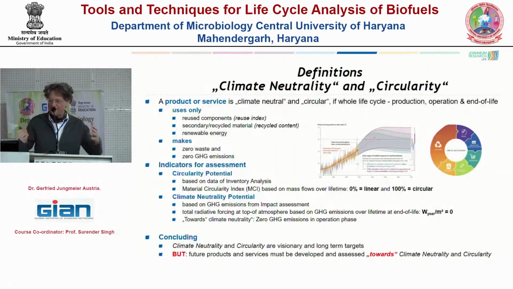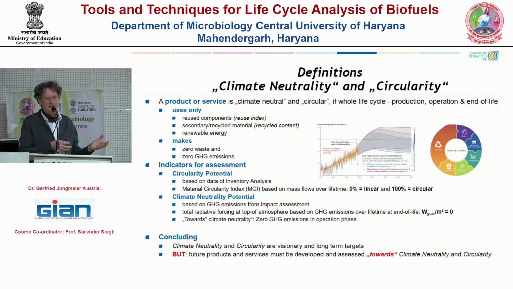Okay, having said that, we have developed a definition that can be applied to life cycle assessment to define climate neutrality and circularity. And to a certain degree, they are combined. We define a 100% climate neutral and circular system in two different ways.